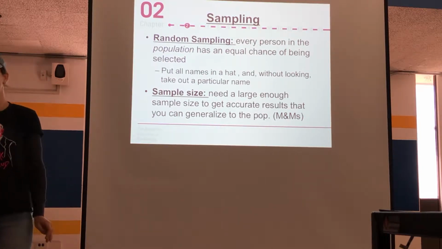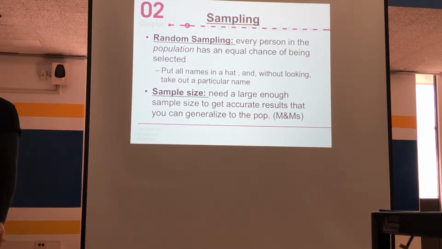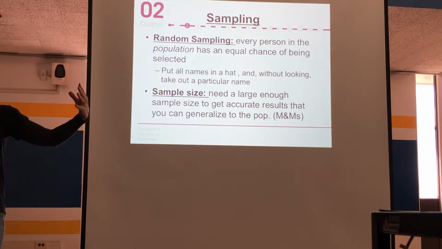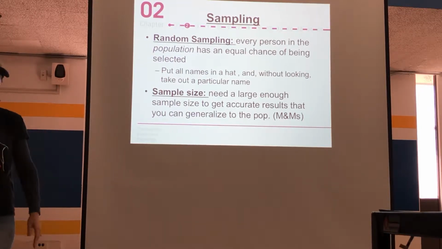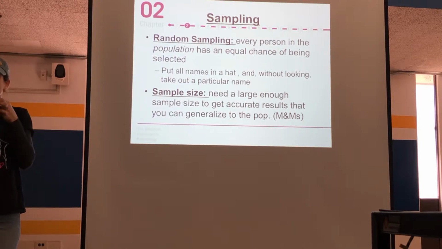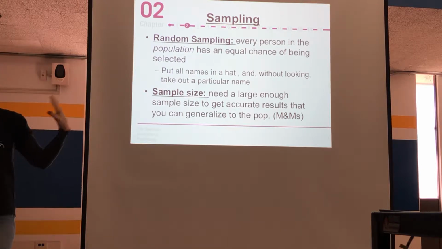Okay. Sample size. What's the deal with sample size? The bigger the size, the better, right? Remember the M&Ms? How I gave you the little packs, and some of them didn't even have yellow ones or brown ones. So was it a representative sample? No. So in order to have a representative sample, you need a bigger sample size.